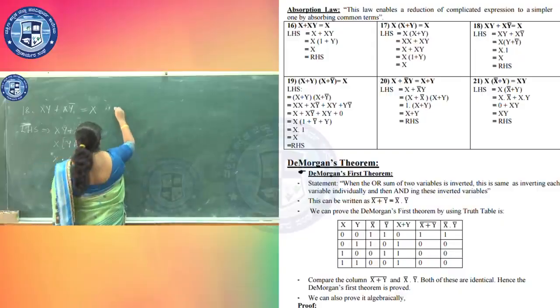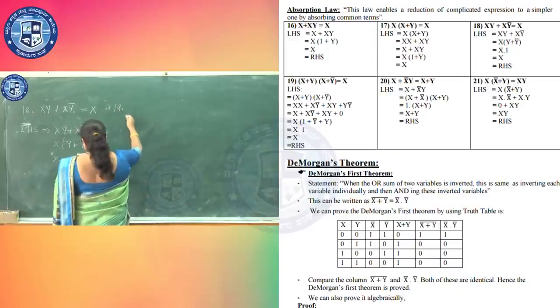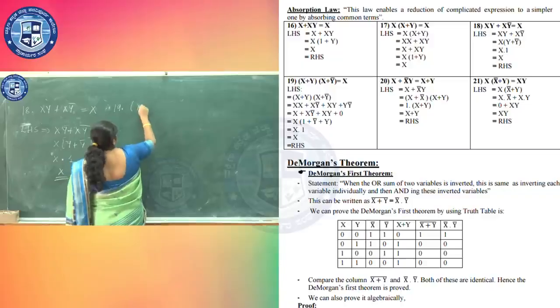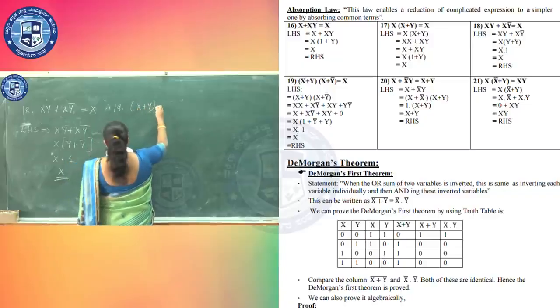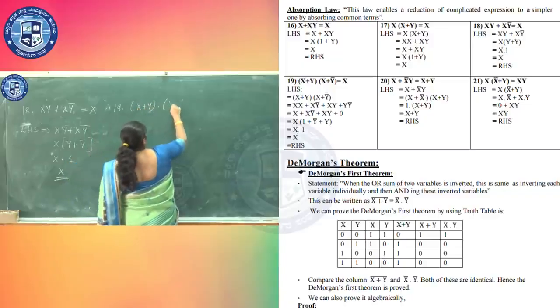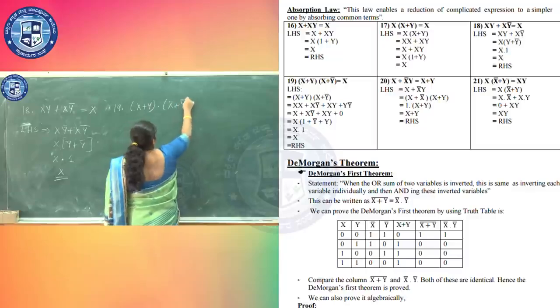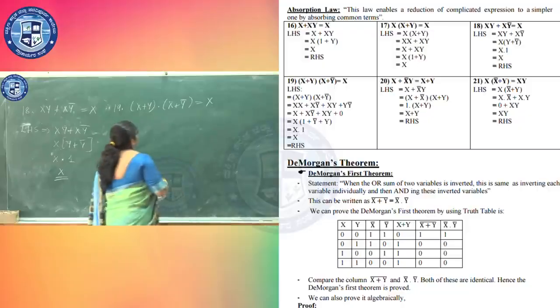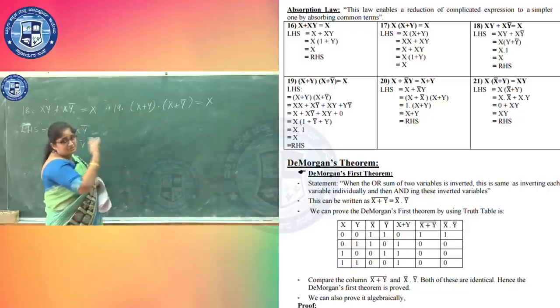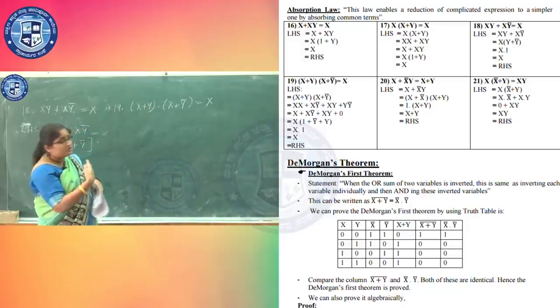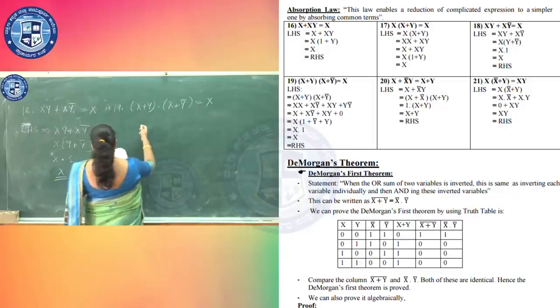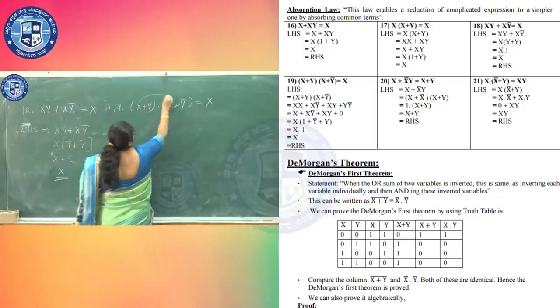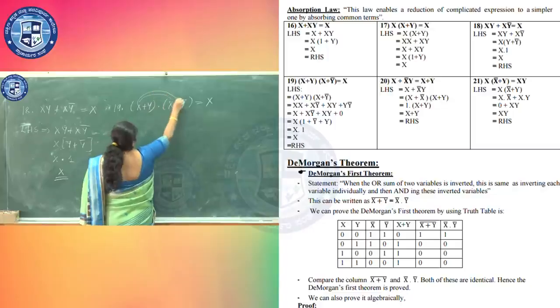Next we have the 19th theorem. x plus y into x plus y dash is equal to x. Here we don't have to absorb anything, but we will have to multiply things, the same way as we did for the 15th theorem.